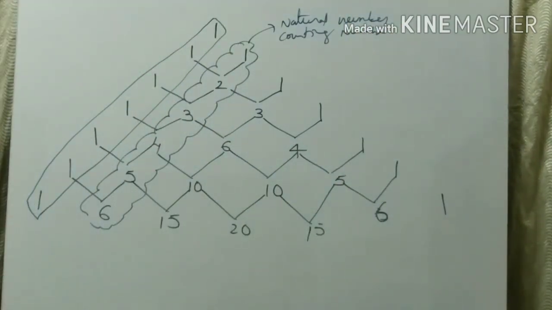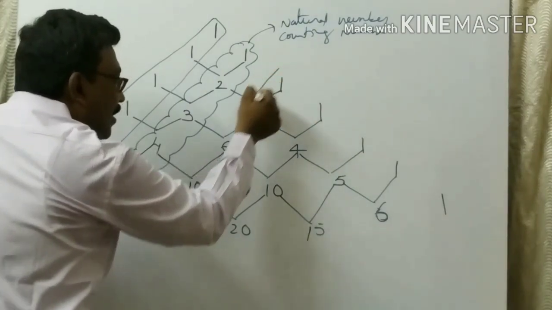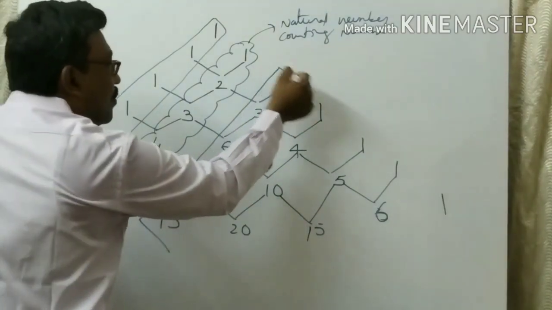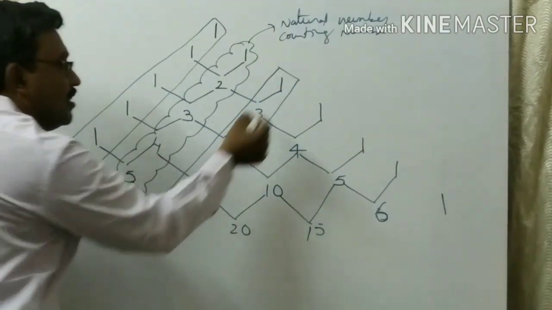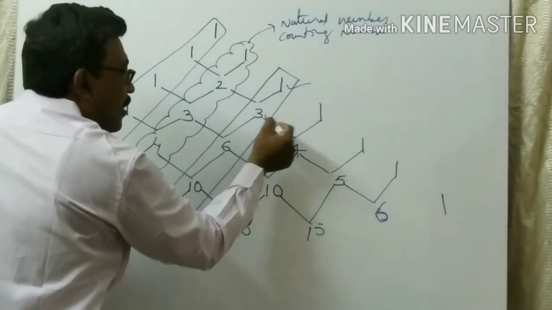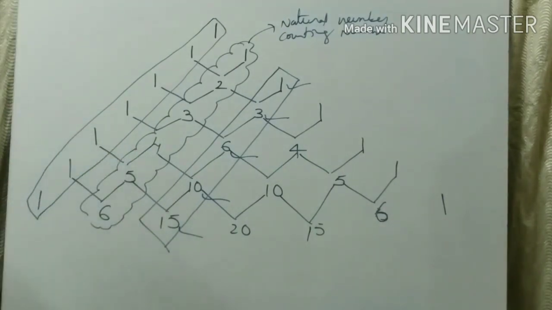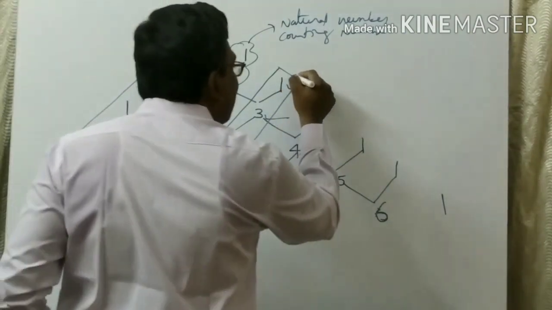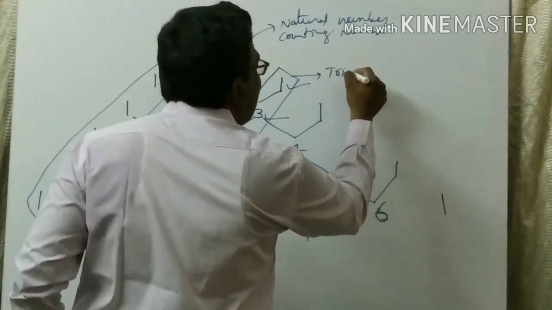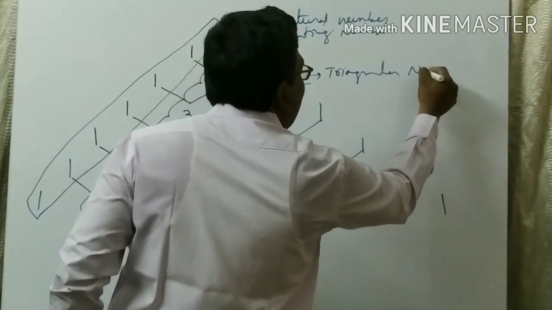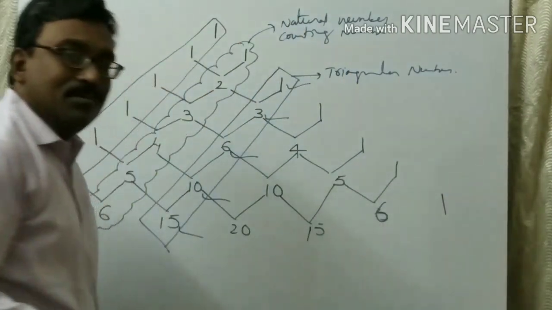Now look at the third row. What are these third row numbers? 1, 3, 6, 10, 15. What are these numbers? You are right, those are triangular numbers.